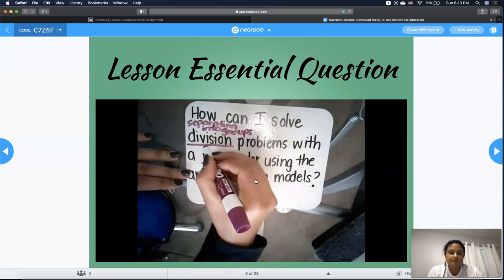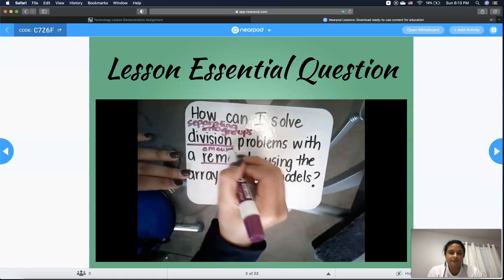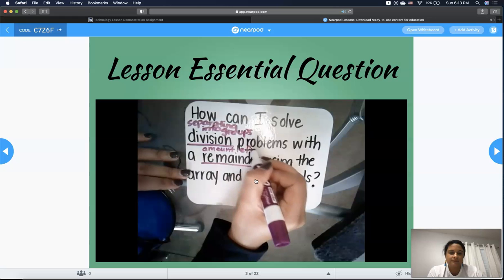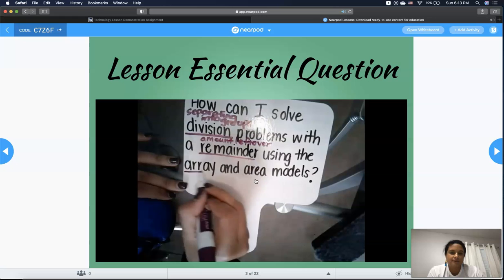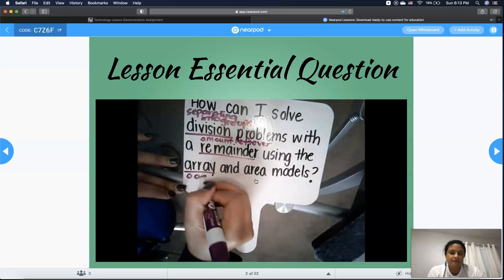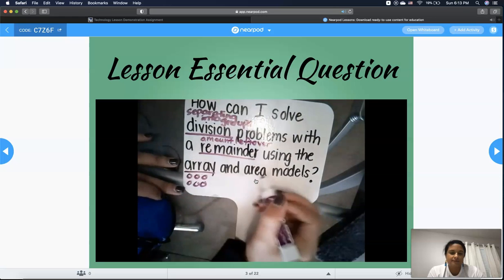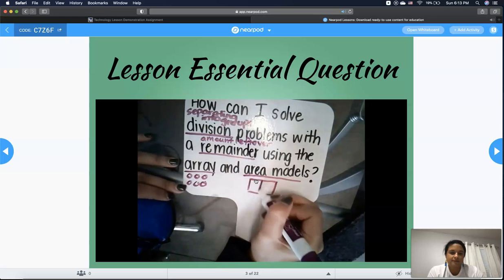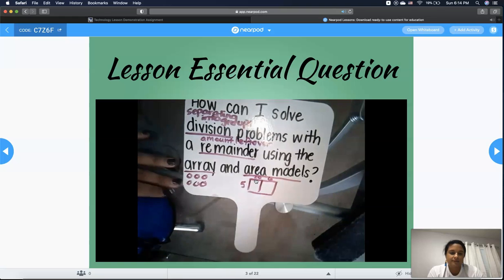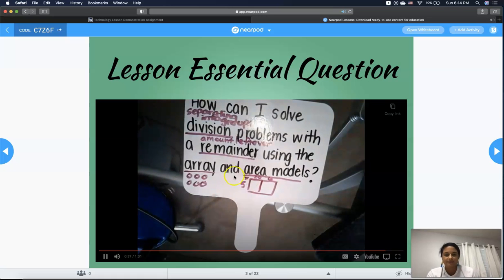The remainder is the amount that's left over if it does not equally divide into equal groups. Remember, this is our array, and our area models are what we use for place value when we are multiplying and dividing. That is what we will be looking at in today's lesson.